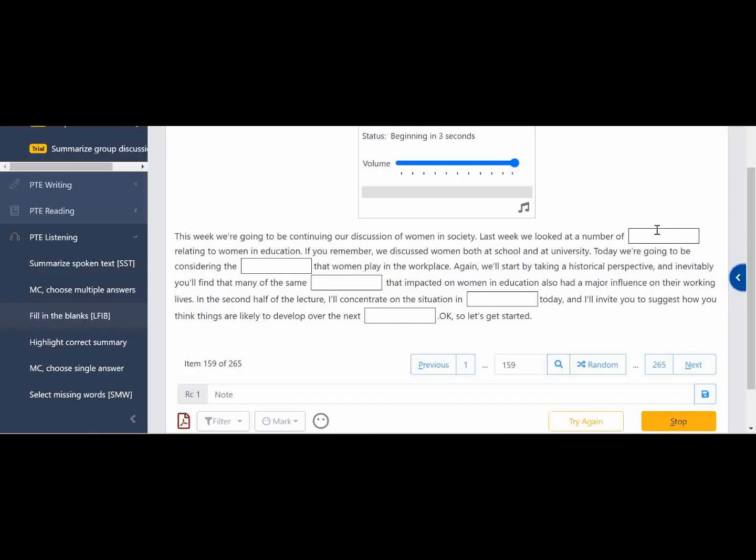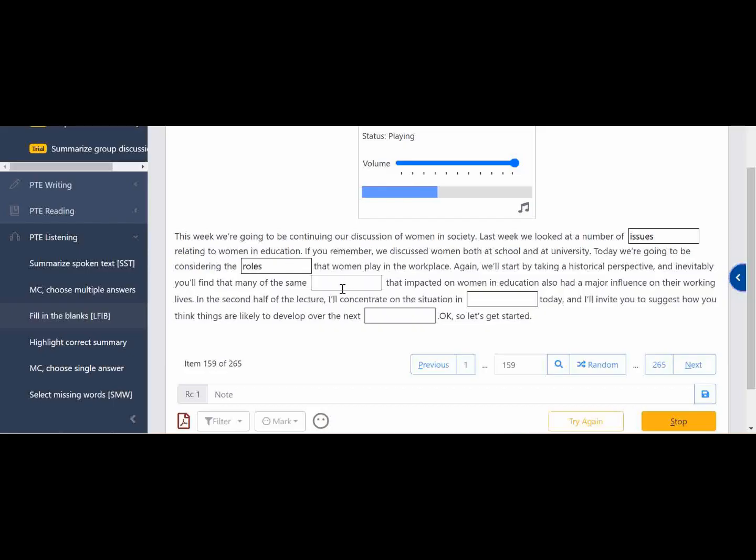Keep your eyes on the screen and your hand on the notepad. This week we're going to be continuing our discussion of women in society. Last week we looked at a number of issues relating to women in education. If you remember, we discussed women both at school and at university. Today we're going to be considering the roles that women play in the workplace.